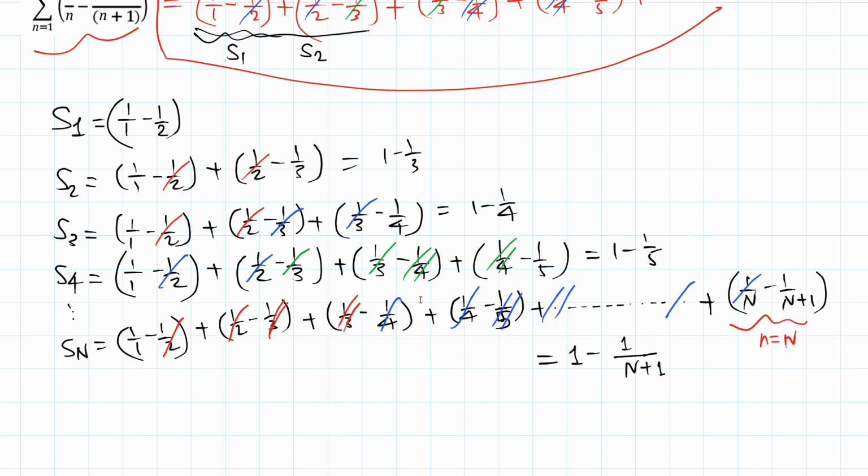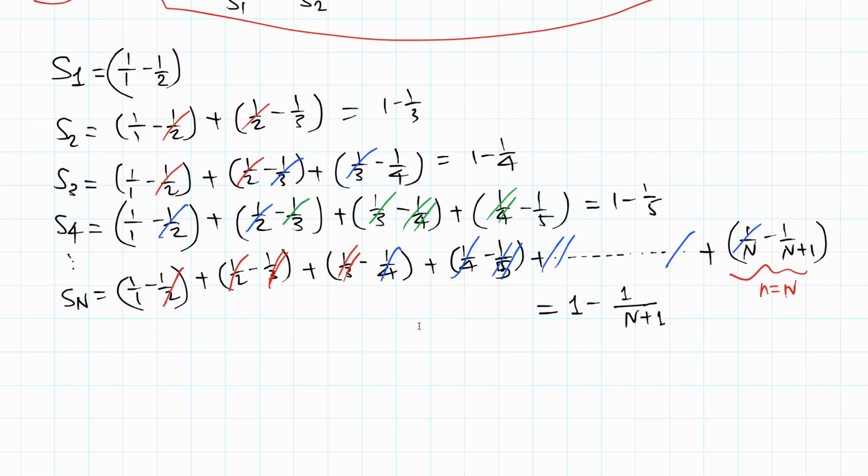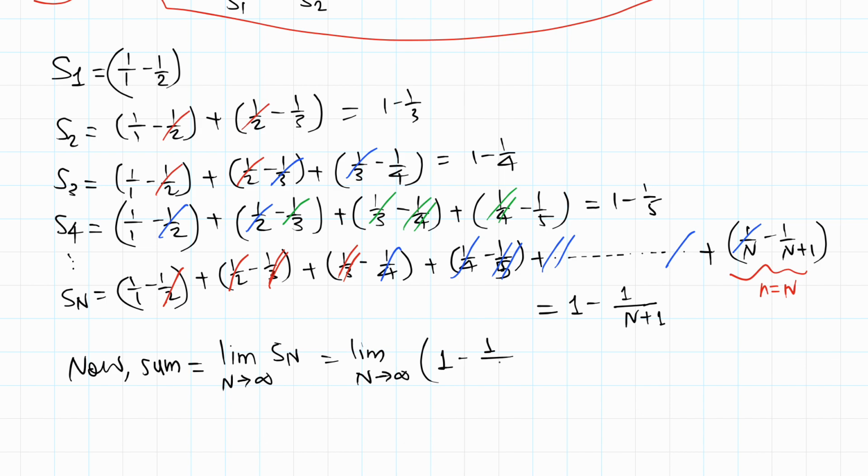Now the fun part, using calculus 1, we let n go to infinity, because we are supposed to add infinitely many terms. That would be the sum. And if this sum comes out to be a finite number, then the series converges. The sum will be the limit of the nth partial sum as n goes to infinity of 1 minus 1 over n plus 1.